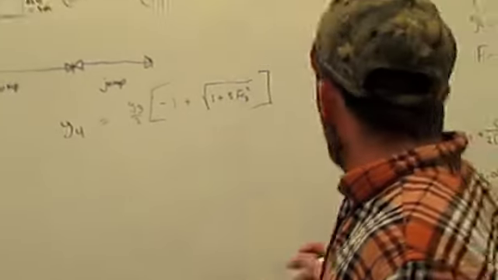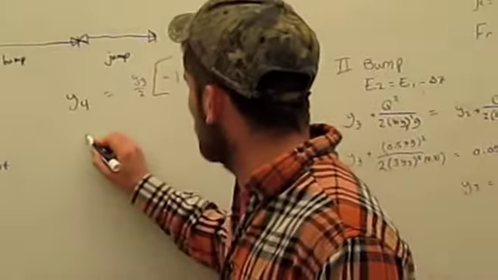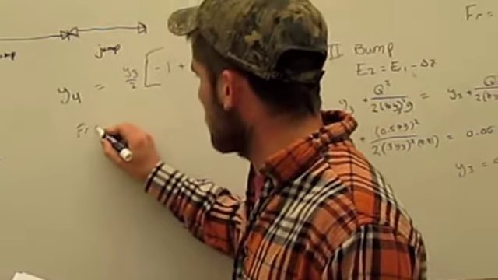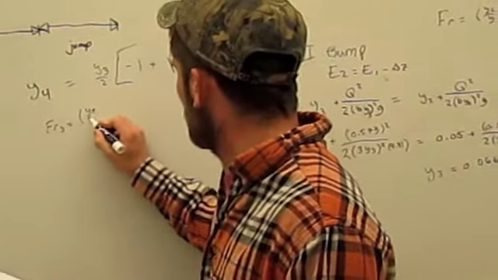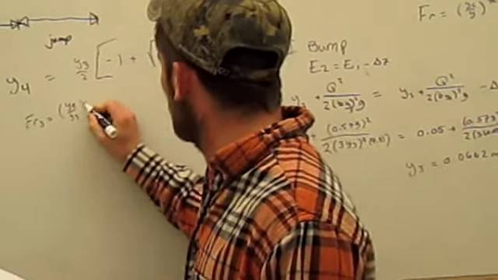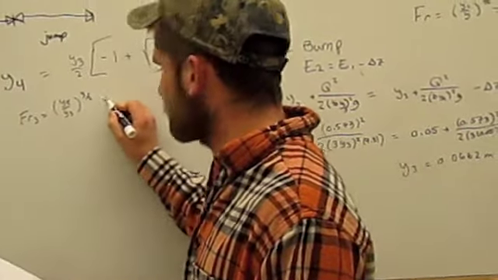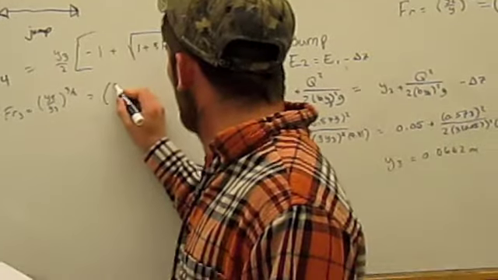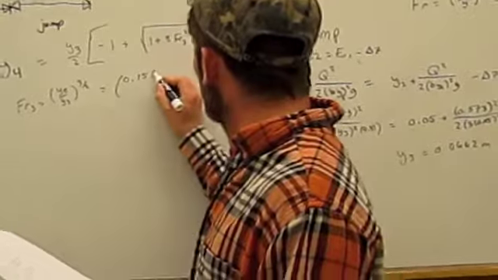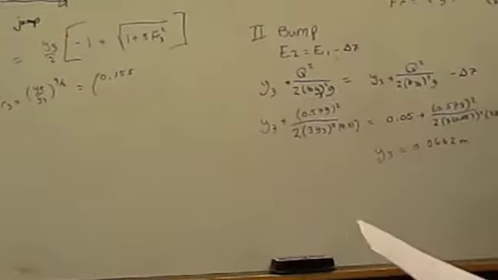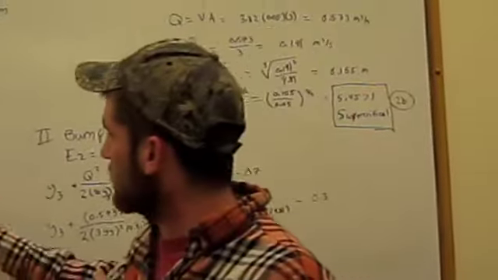So computing Froude number for 3, we use the same equation as previous. YC over Y3 with 3 halves. Our YC again is 0.155.